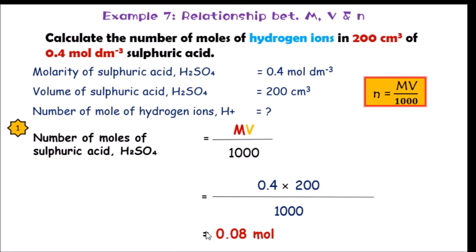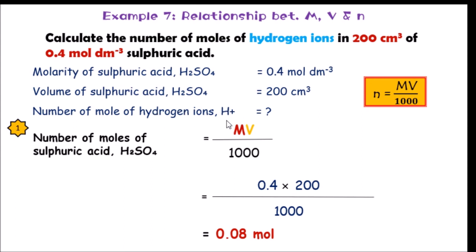Is this the final answer for the number of mole of hydrogen ions? Good. No, it is not the final answer. This is only the number of mole of sulfuric acid only. But you need to find the number of mole of the hydrogen ions in sulfuric acid.